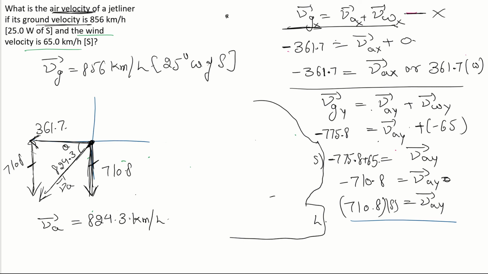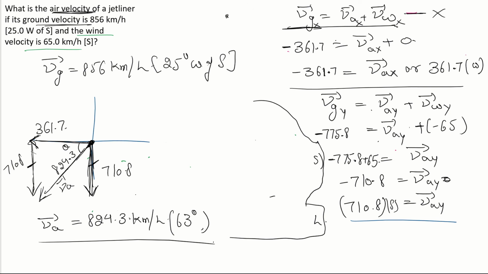I can also find this angle theta now. So this is 710.8 divided by 361.7, and shift tangent inverse, answer equals, the angle will be 63 degrees. I'm going to briefly check these values one more time. 361.7 squared plus 710.8 squared, and then square root of the answer.